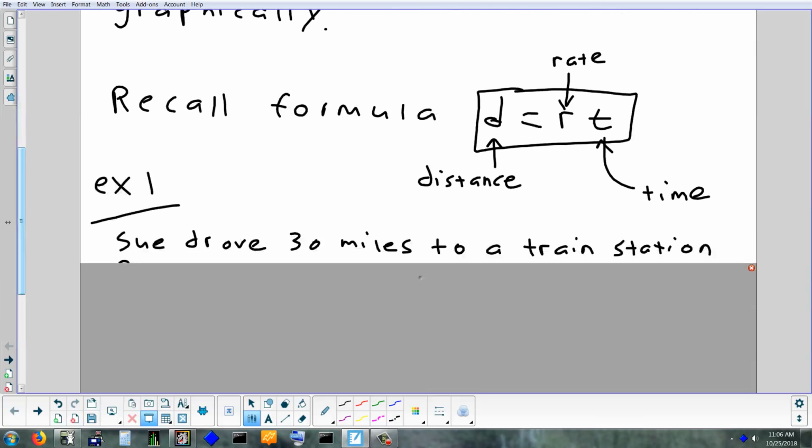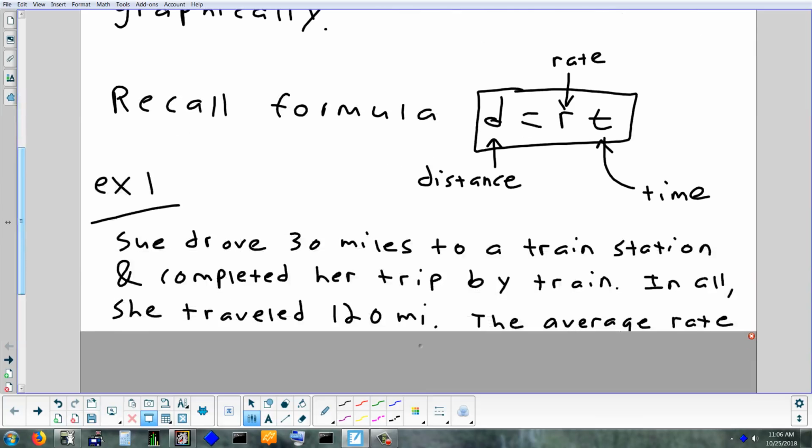In this problem, Sue is trying to get somewhere, and she's going to do part of the journey by train, and the other part by car. It says she drove 30 miles to the train station, got on a train, and then completed the trip from there. In all, she traveled 120 miles.